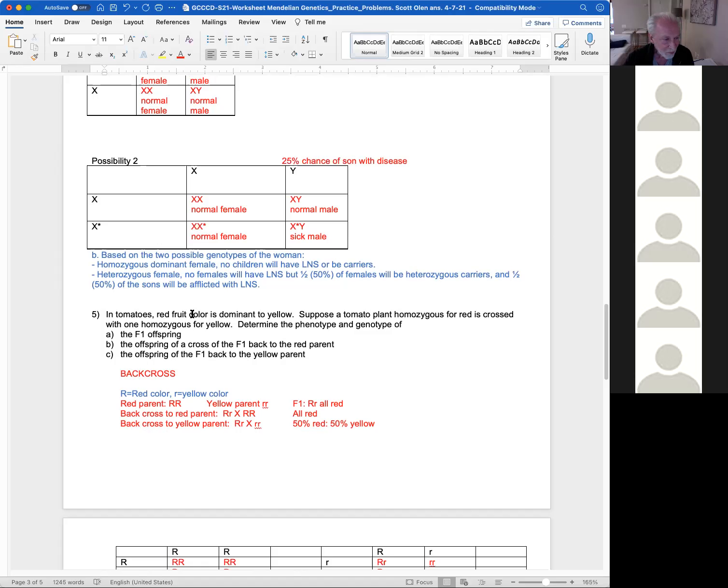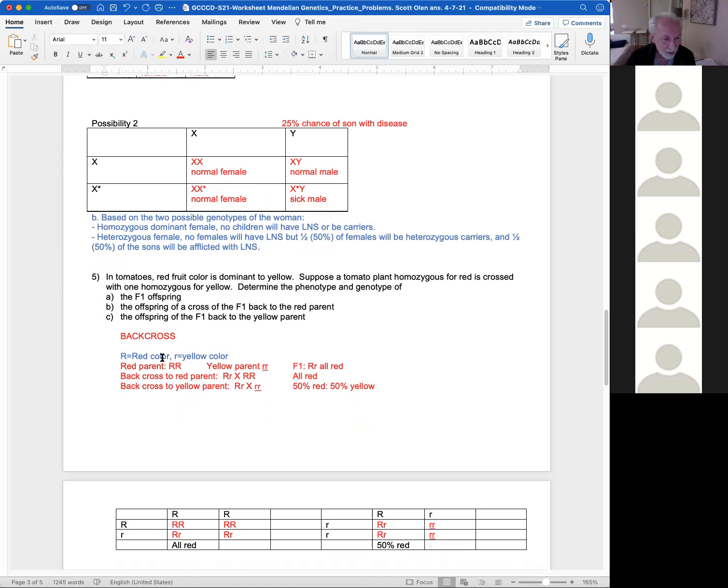So red fruit color is dominant to yellow. And we have a tomato plant that's homozygous for red crossed to one homozygous for yellow. What is the phenotype and the genotype of, first of all, the F1, and then the offspring of a backcross to the red parent and the backcross to the yellow parent?